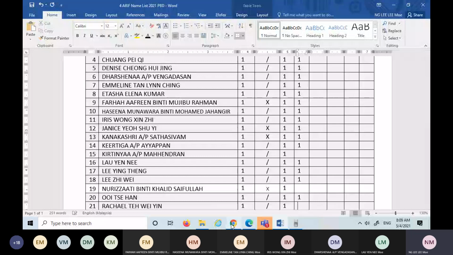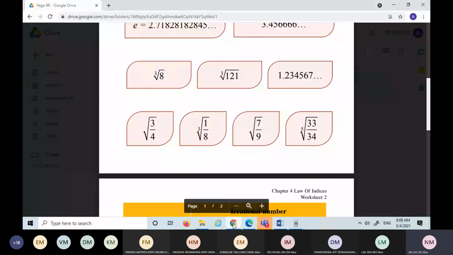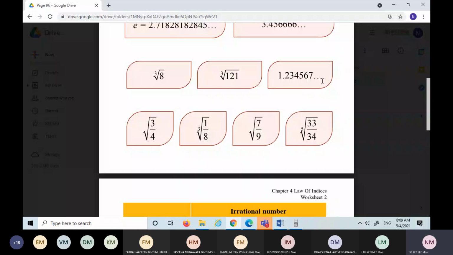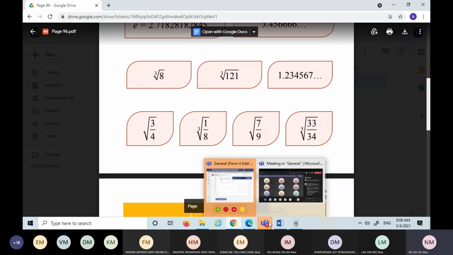Rachel? Okay, this question is also very bad. This question we see as 1.2345678, then stop. The dot does not mean it is repeating or whatever. I change the question a little bit now, otherwise you don't know the meaning. Rachel here?